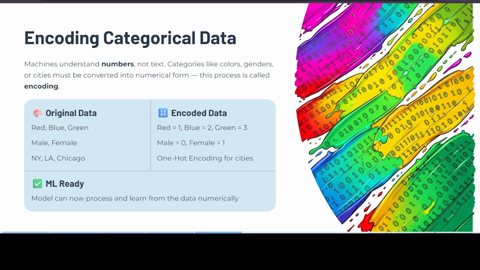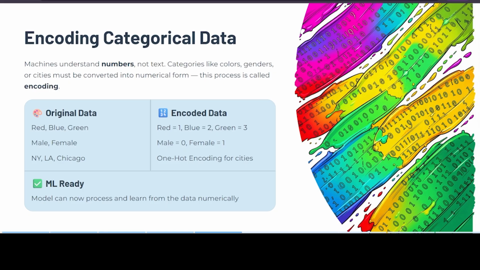To us these words make sense, we know what red, blue and green are. But machines obviously don't know about colors; for the computer it's just text. So we convert them into numbers, and that process is called encoding.